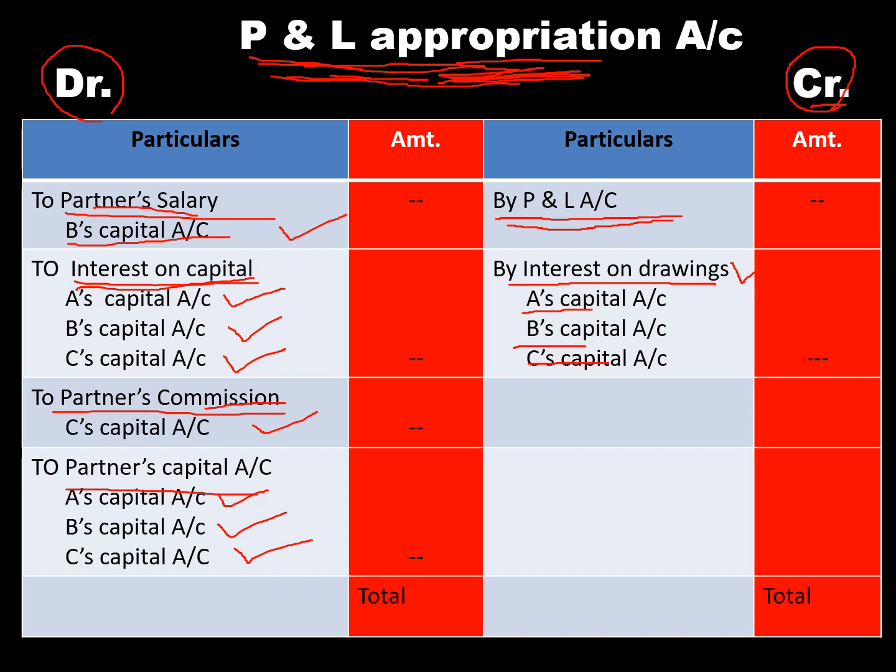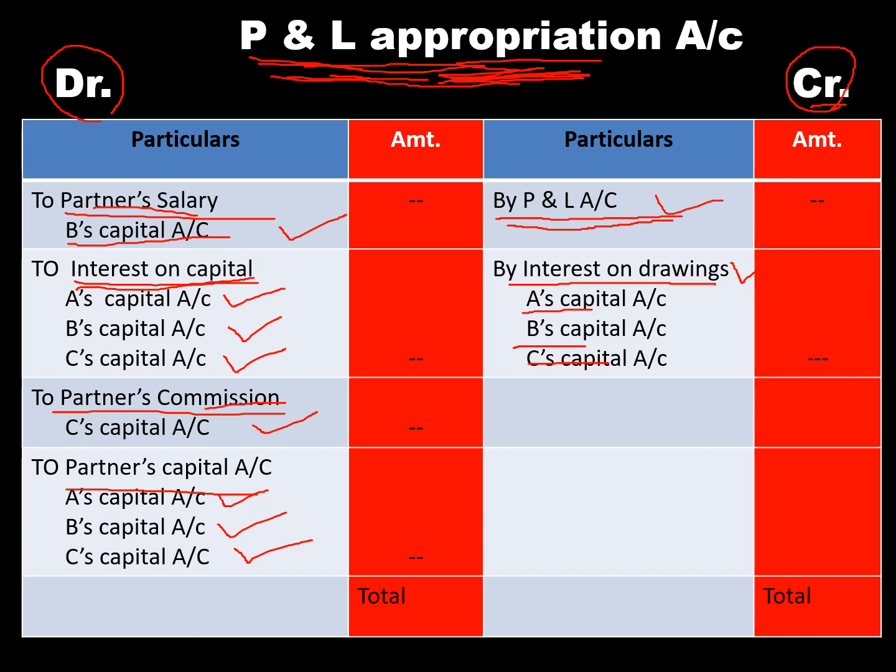Again I repeat, this P&L appropriation account is nominal in nature. It is an extension of the P&L account. After getting profit from P&L, that profit will be transferred to the P&L appropriation account, so it will come on the credit side by P&L.